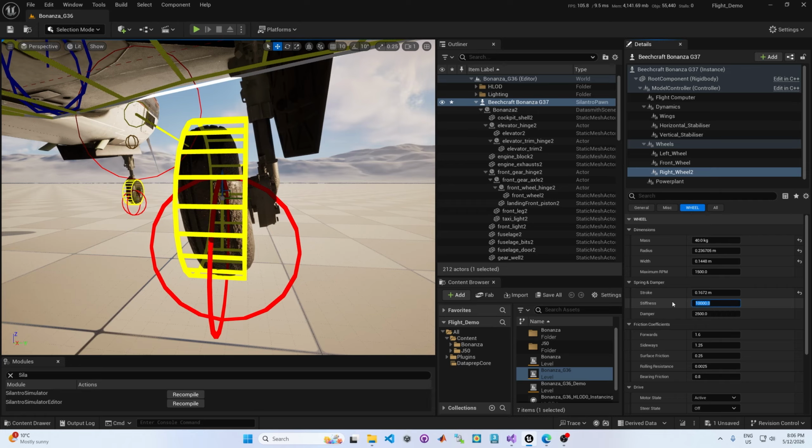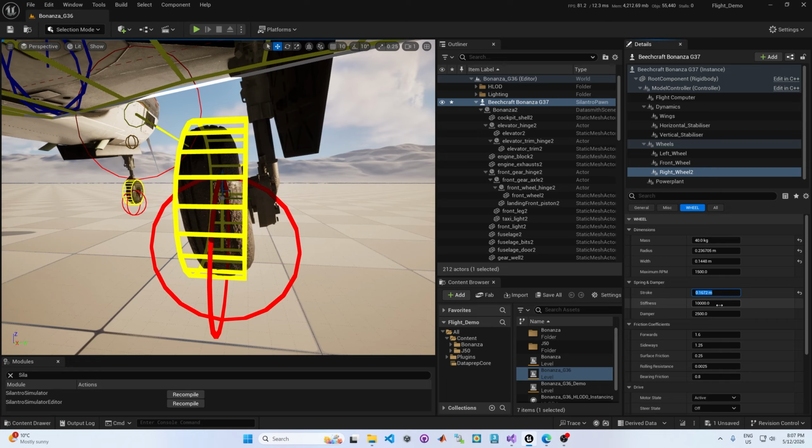Then the next thing is the stiffness. It's a value that determines how much force is applied in the opposite direction of the compression of this wheel, and that force is directly proportional to the amount of compression you get. If I compress my wheel by 0.2 meters, the force that is generated is going to be this multiplied by 0.2 meters.